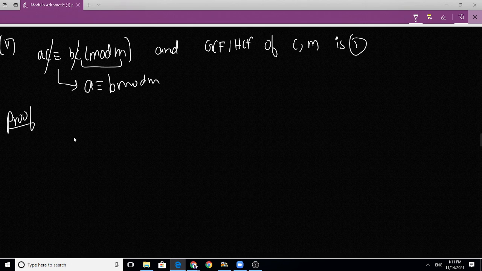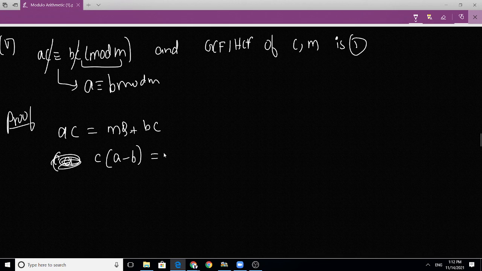So I'm just going to write it in the division algorithm form. AC equals to m into some q plus bc. Sorry, I'm just going to write it like this: taking c common, c into a minus b equals to mq.